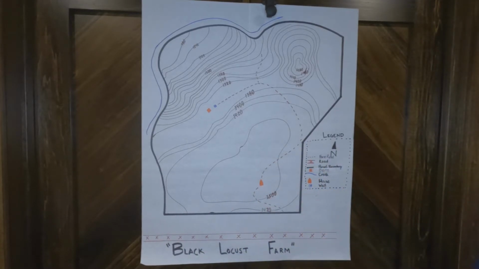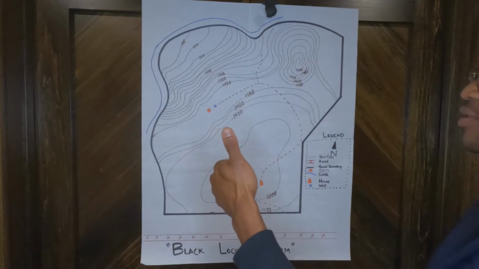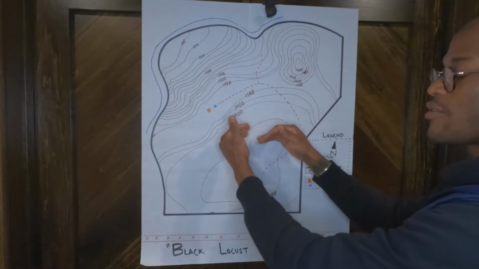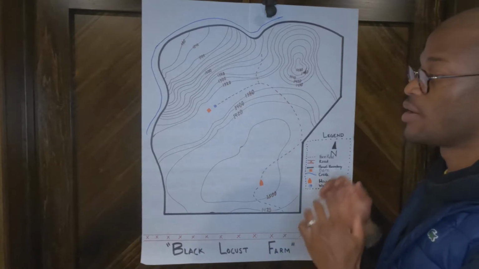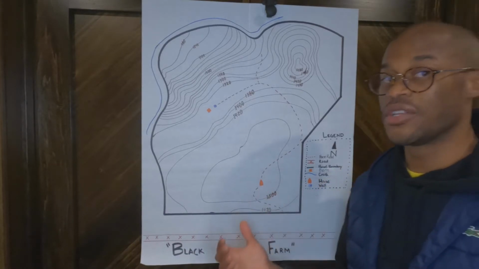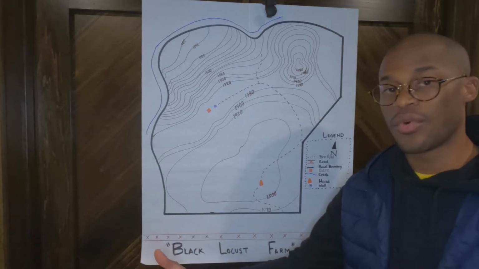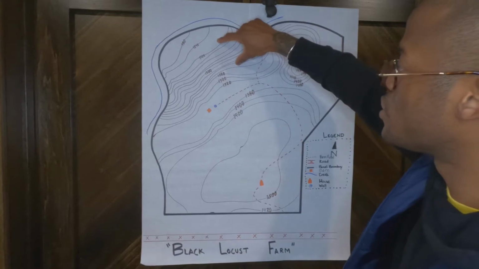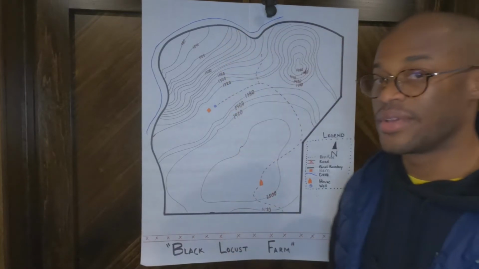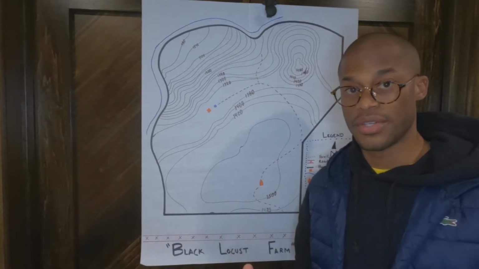So the number one rule is to understand that when lines are far apart on a topographical map, that indicates a gentler slope. So when they're wide, it means that things are less steep. When lines are really close together, it means that things are more steep.